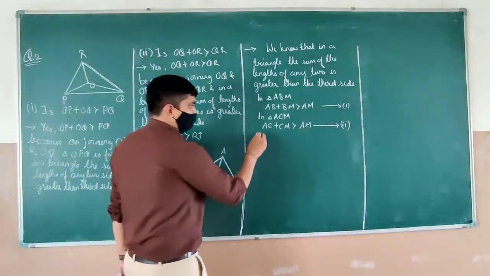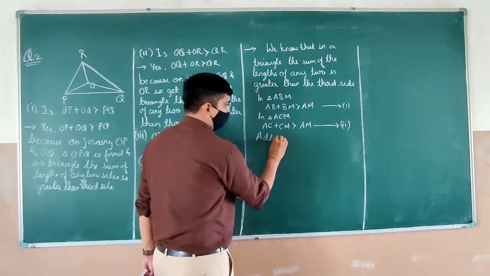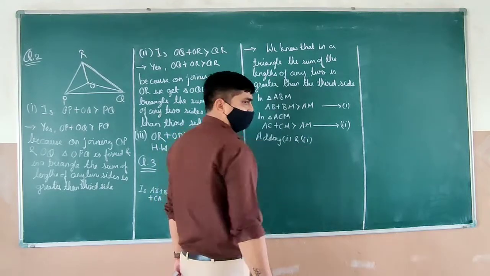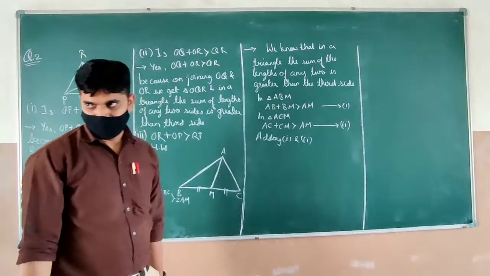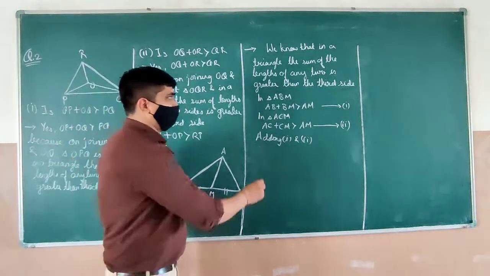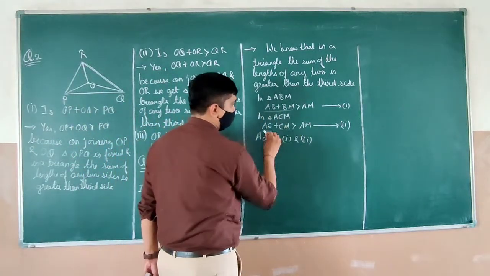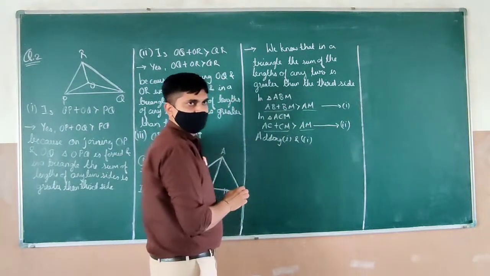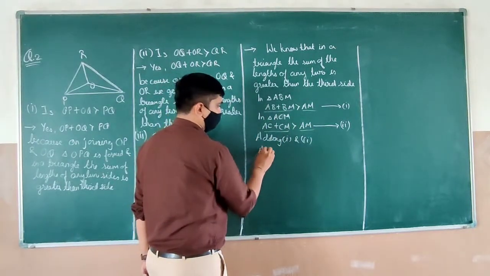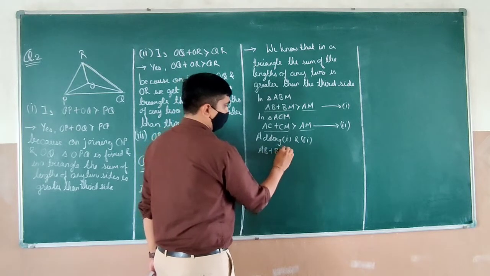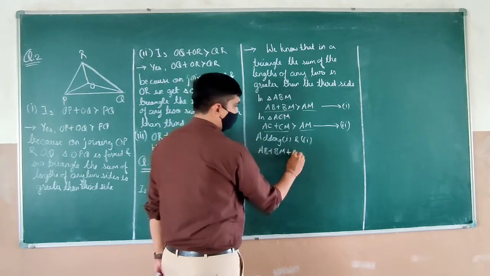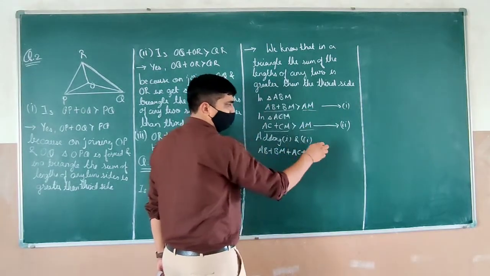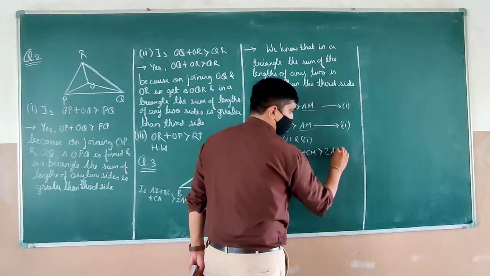Adding 1 and 2. Why am I adding? You will come to know. Just pay attention. I will add this to this, and this to this. So what will I write? AB plus BM plus AC plus CM is greater than AM plus AM, which will give me 2AM.